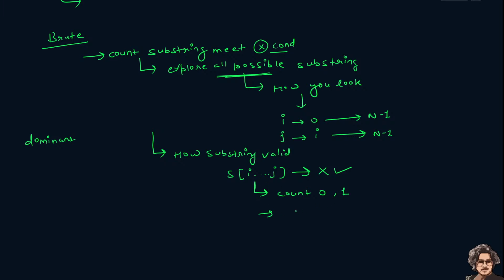If the count of ones is greater than or equal to the count of zeros squared, then the condition is true and we increment the count, dominant one plus plus. This is the brute force approach I was thinking about.